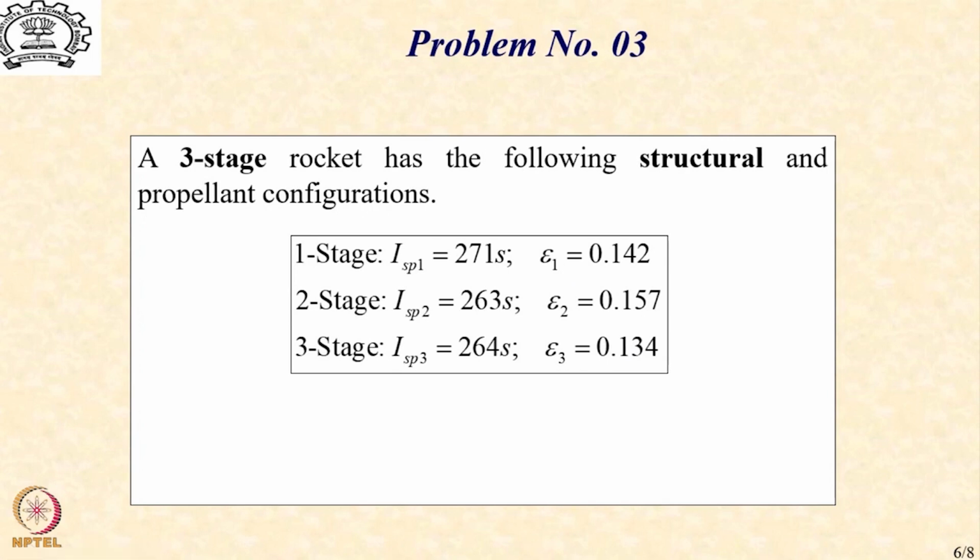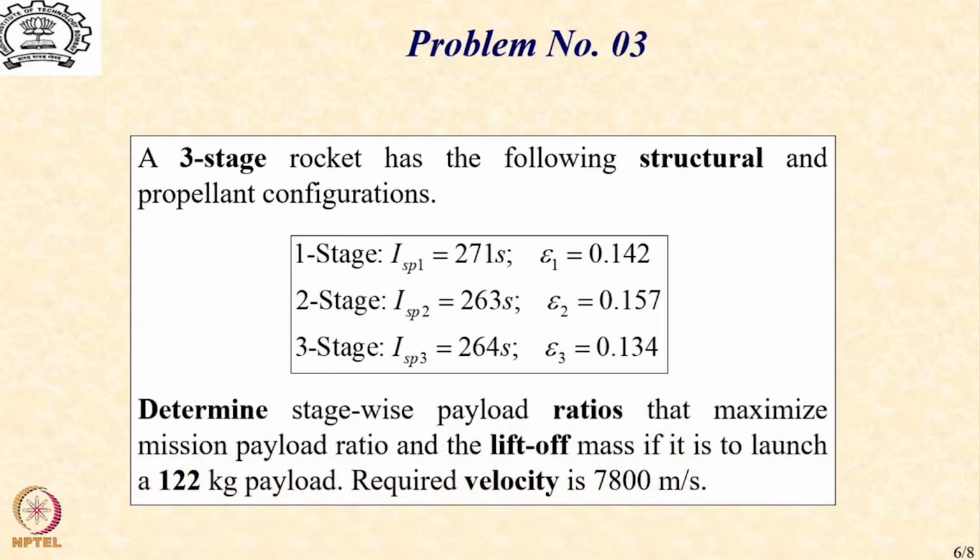You will find that these are typically the numbers that we would be getting in most practical rocket configurations. And our objective is to determine the stage-wise payload ratios, which will maximize the mission payload ratio, such that a 122 kg payload is given a velocity of 7,800 meters per second.